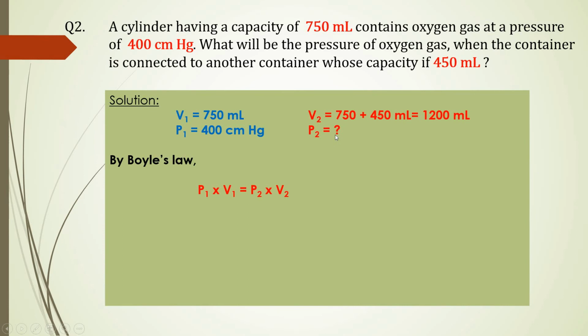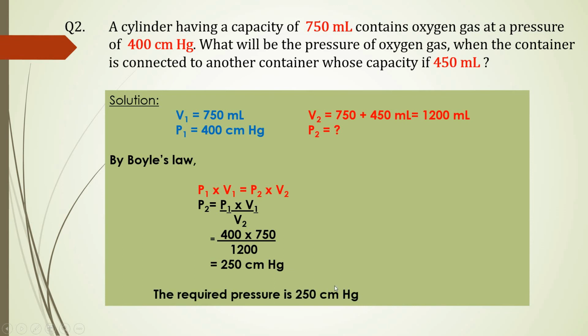Now we need to find P2, so we rearrange this and we get P2 equals P1 into V1 divided by V2. Now when we substitute their values, we get 400 into 750 divided by the final volume, 1200, and when we solve this we get 250 centimeter of mercury. Therefore, when the two containers are connected to each other, the final pressure will be 250 centimeter of mercury.